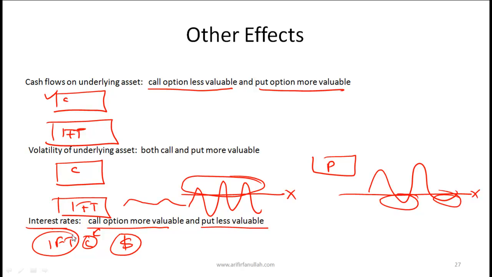So whether or not you understood that doesn't really matter. What you must just memorize is that if interest rates go up, then call options become more valuable and put options become less valuable. So that is it.